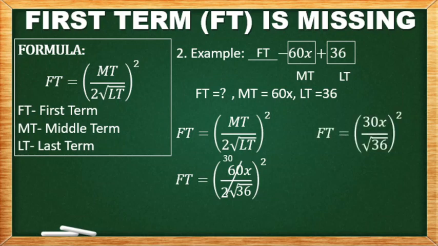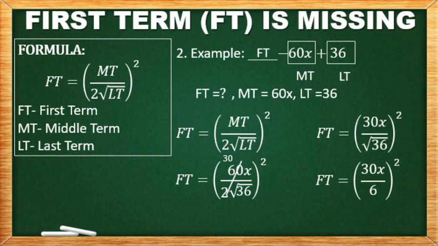Nagiging the square root of 30x over the square root of 36. Now, next step, kunin natin ang square root ng 36. What is the square root of 36? Yes, 6. So, that's why FT is equal to the square root of 30x over 6.